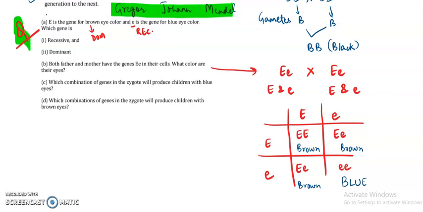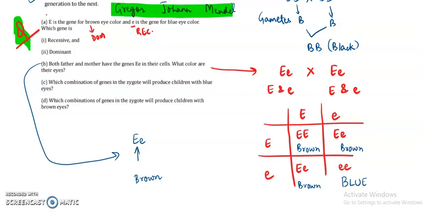What color are their eyes? For such type of question, we can answer directly also, because they are capital E small e, so they have one dominant allele, their color will definitely be brown. So answer to B part can be given directly. Capital E small e means brown eye color because they contain one dominant allele.